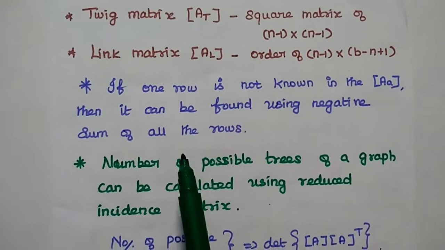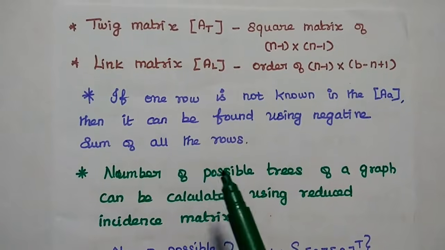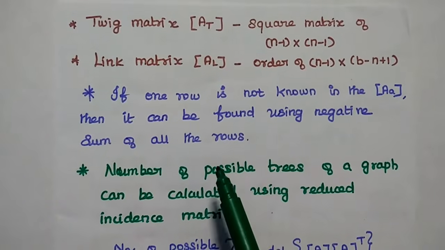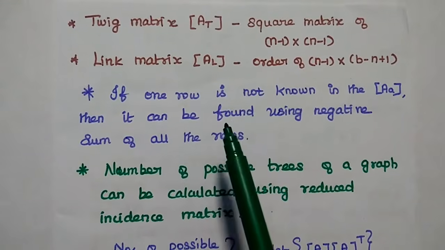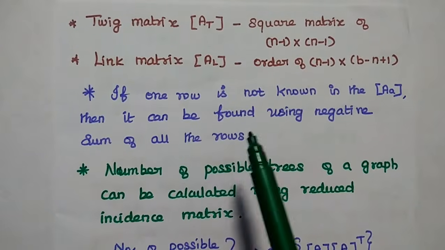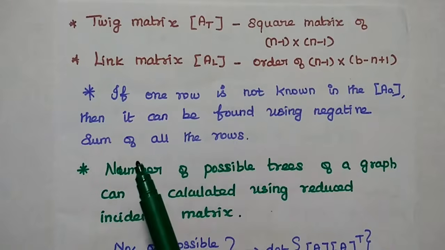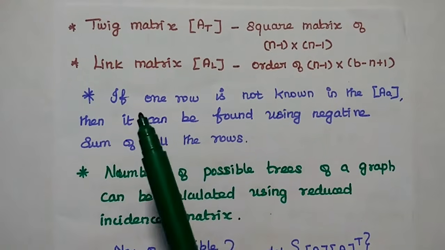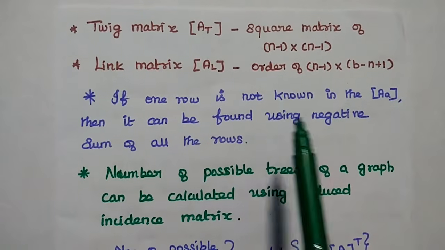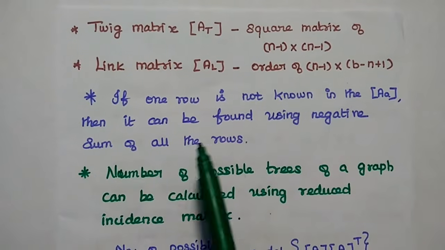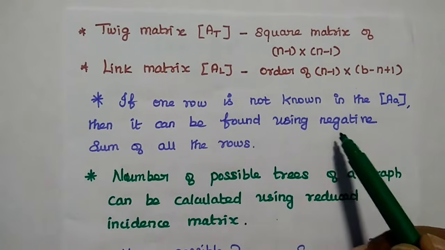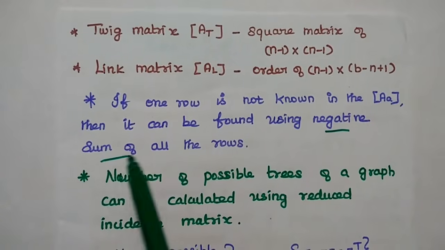Next, the reduced incidence matrix is obtained by eliminating a row, and the same row can be retrieved by taking the negative sum of all the rows. If one row is not known in the complete incidence matrix, it can be found using the negative sum of all the rows.